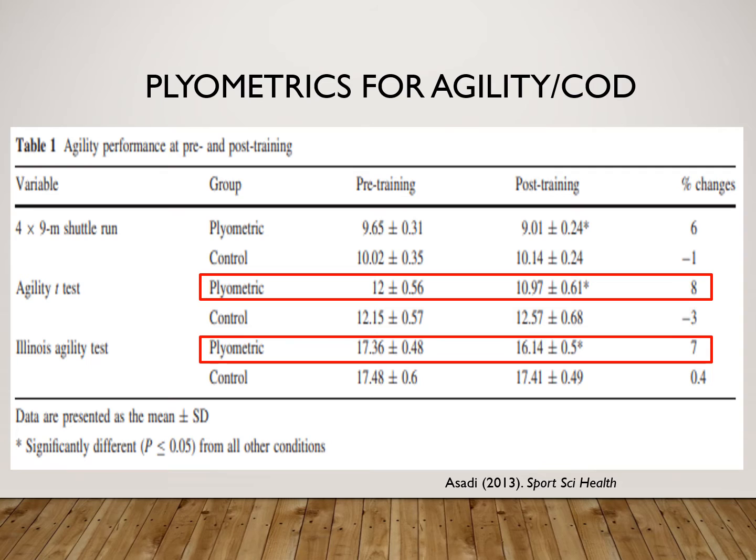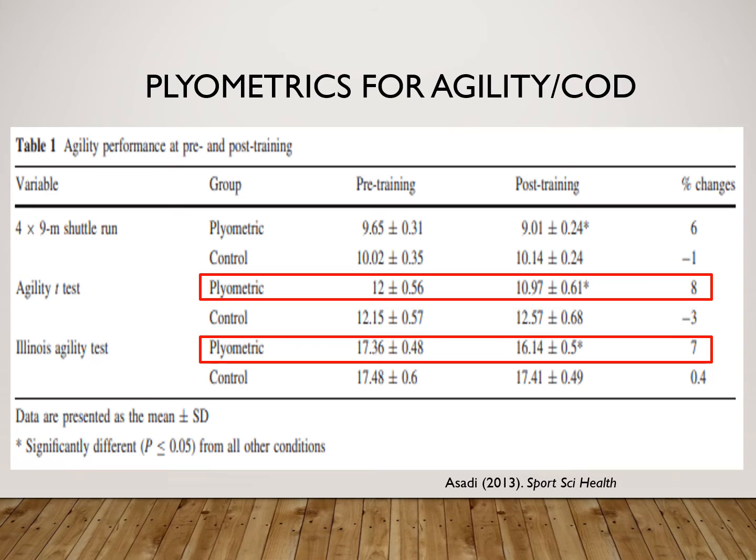So we can see from this COD study that when a group of athletes utilized plyometric training, there was a significant decrease in their measures of agility and change of direction. We see that both the agility t-test came down in the plyometric group, as well as the time in the Illinois agility run, which has a high component of maneuverability within that test as well.